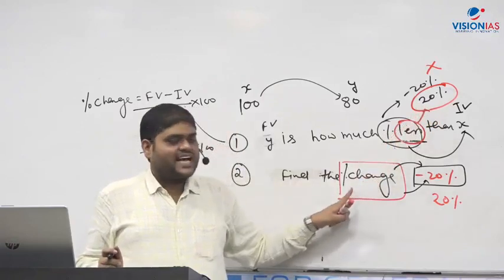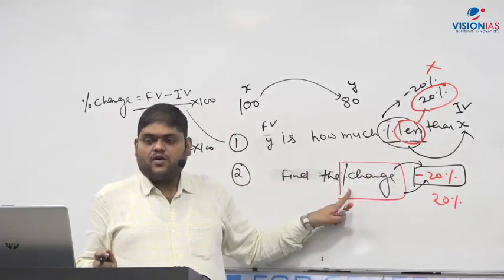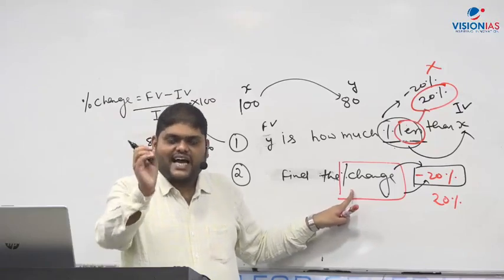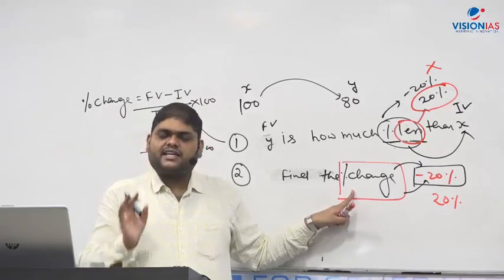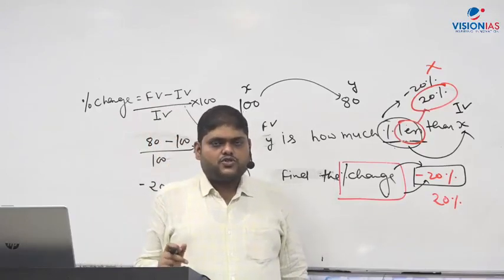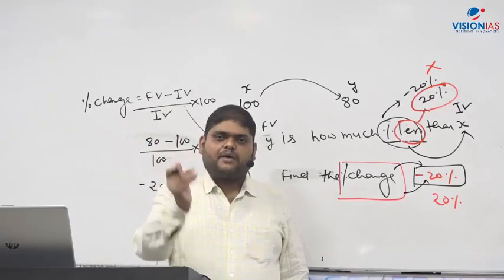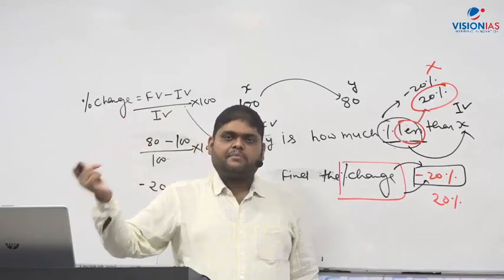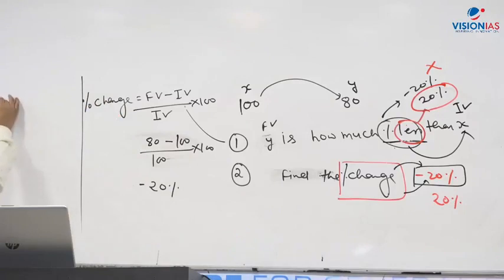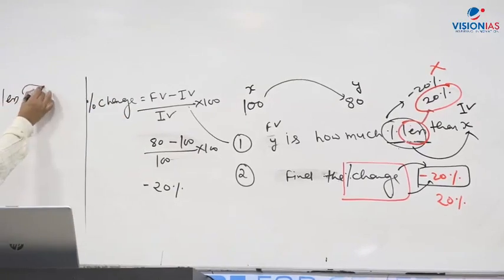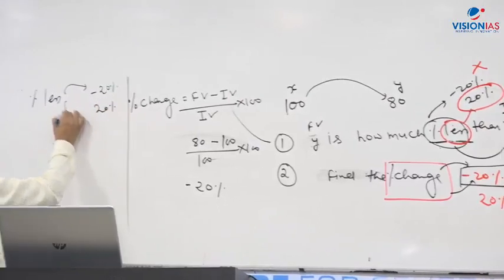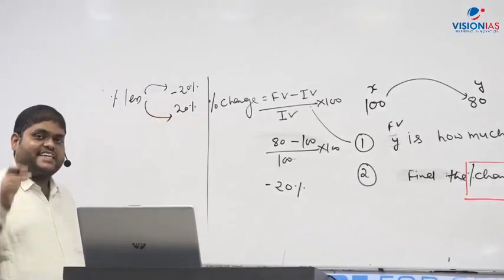But when they are asking change, what is the meaning of change? Change means neither positive nor negative. That means if I say 20% change, it can be positive 20%. When I say percent of less, it means decrement.